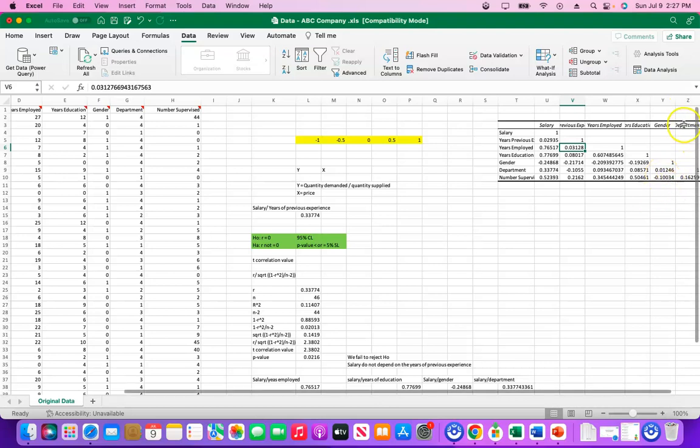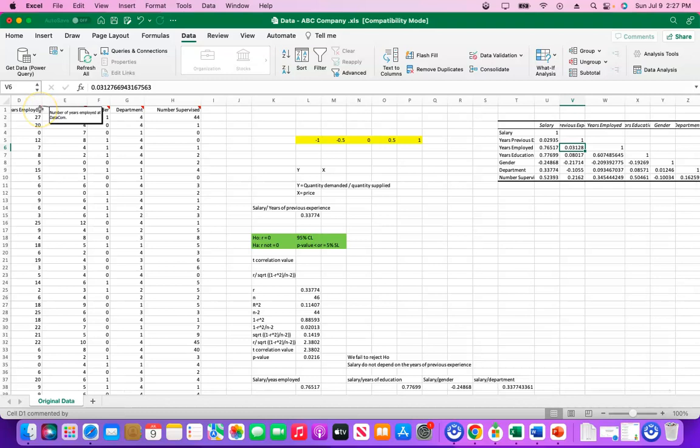And finally, we can look at the department and number supervised. So that means we are able to test correlation not only between salary and the other variables, but we could also look at correlation between these other variables, one variable and another. So that's how we can use data analysis to find correlation.